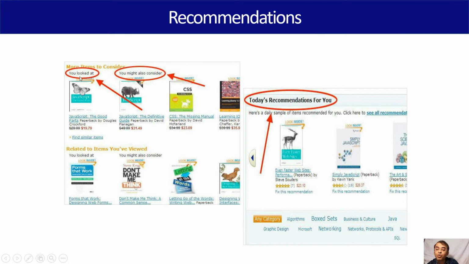Here, you looked at this book. You might also consider this one, and the system will recommend today's recommendation for you. So depending on your previous history, the system will recommend which one is appropriate for you.